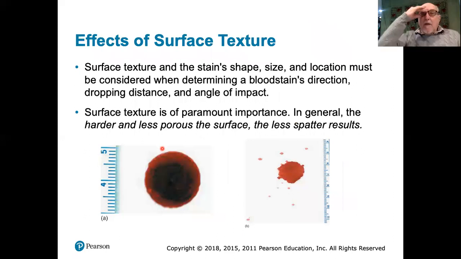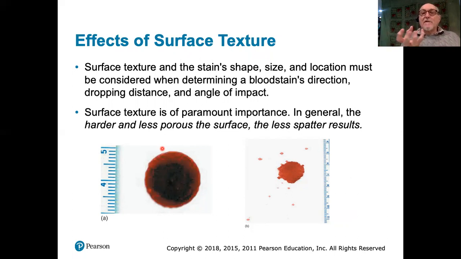So blood that falls onto a non-porous surface, the blood droplet tends to retain its shape much better. The way to think about it is this. You can picture a blood droplet flying through the air. If it strikes a smooth surface, then the amount of friction underneath is low, and the blood droplet will tend to maintain its integrity as a single droplet.